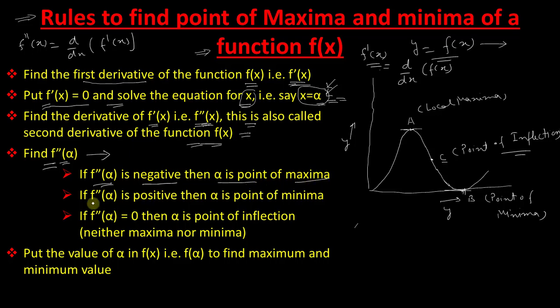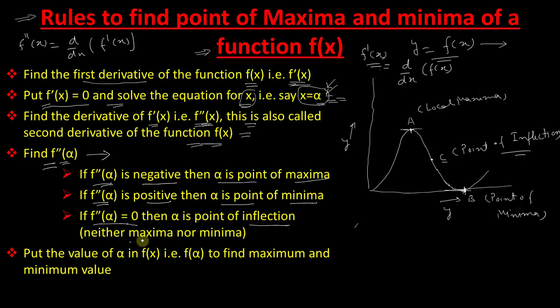If the double derivative comes out to be positive, then alpha is a point of minima. At the maxima the second derivative will be negative, and at the minima it will be positive.